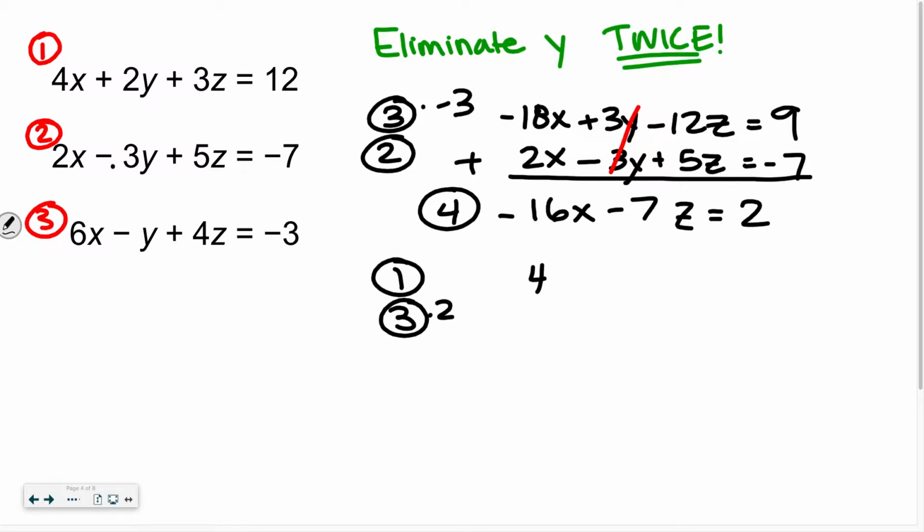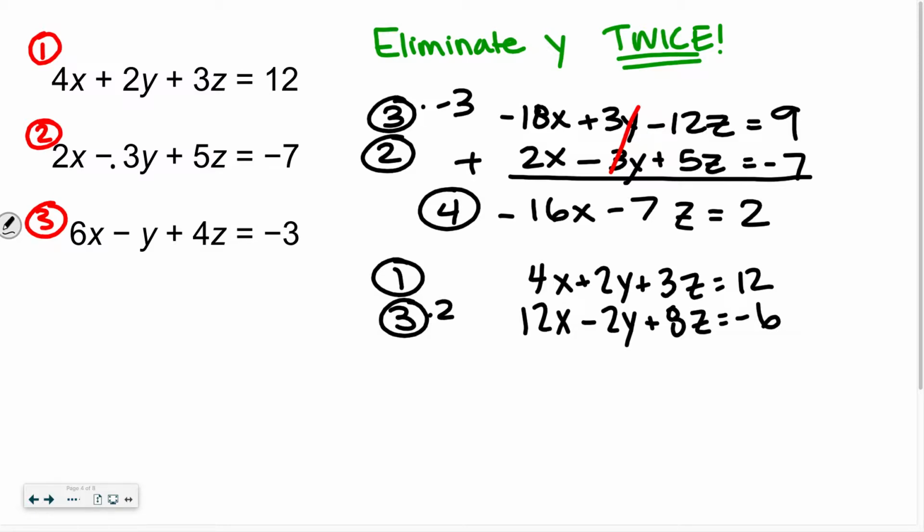Copy 1: 4x plus 2y plus 3z equals 12. Multiply 3 by 2, so that's 12x minus 2y plus 8z equals negative 6. A lot of times people forget to multiply that very last number by 2. They'll write negative 3. Got to multiply it by the whole thing.